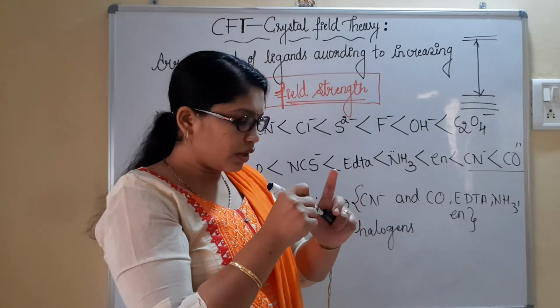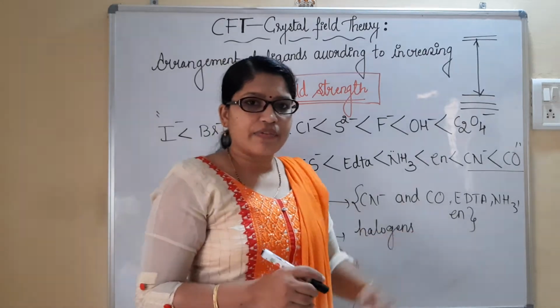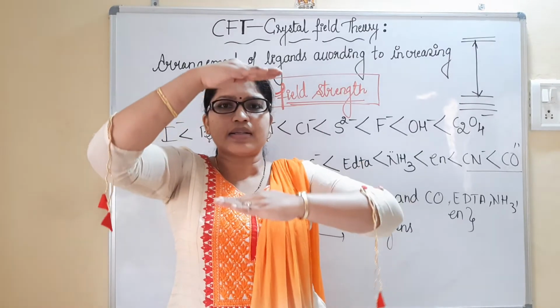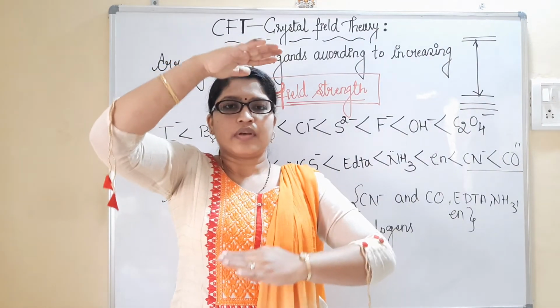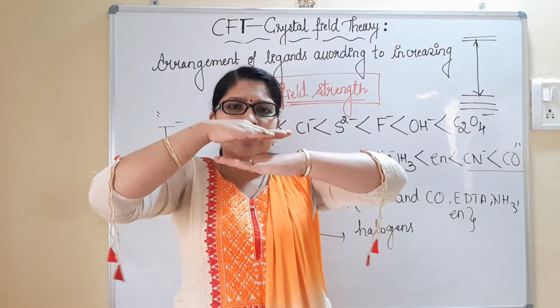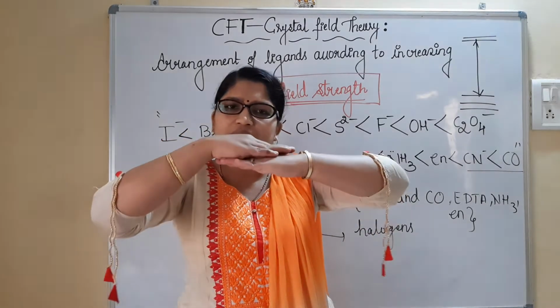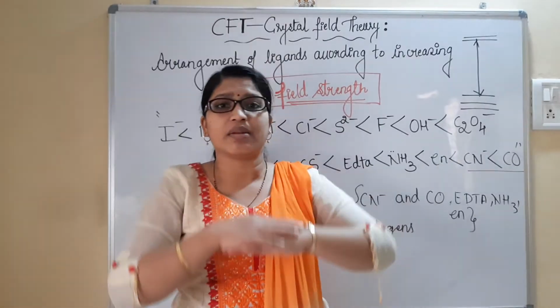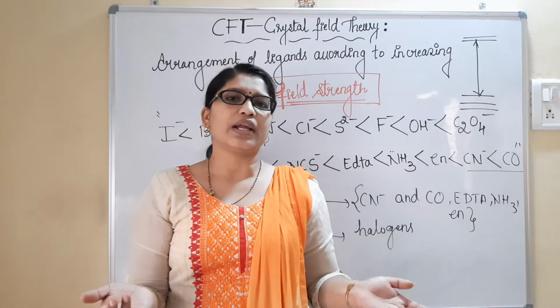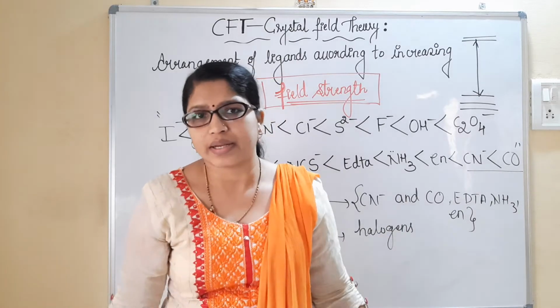Now the question arises, strong field ligands, when they approach, will cause the highest splitting. When weak field ligands approach, there is no such gap, a very less, negligible amount of splitting can be seen. For weak field ligands, there is almost no splitting at all, and electrons will pair up there itself.